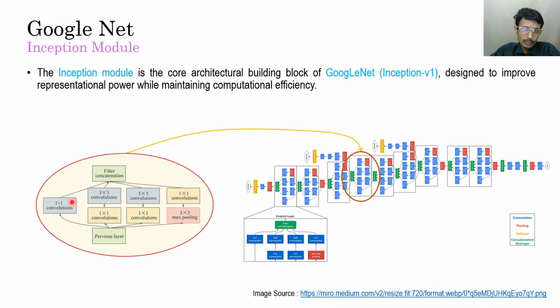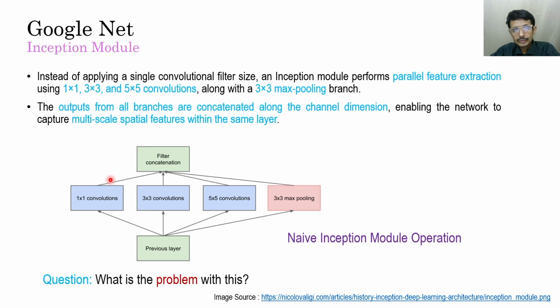One thing we understand here is that this concatenation has 3 cross 3, 5 cross 5 and 1 cross 1, so multiple spatial scales are being concatenated rather than a single scale, and that is important, and that makes the difference. Okay.